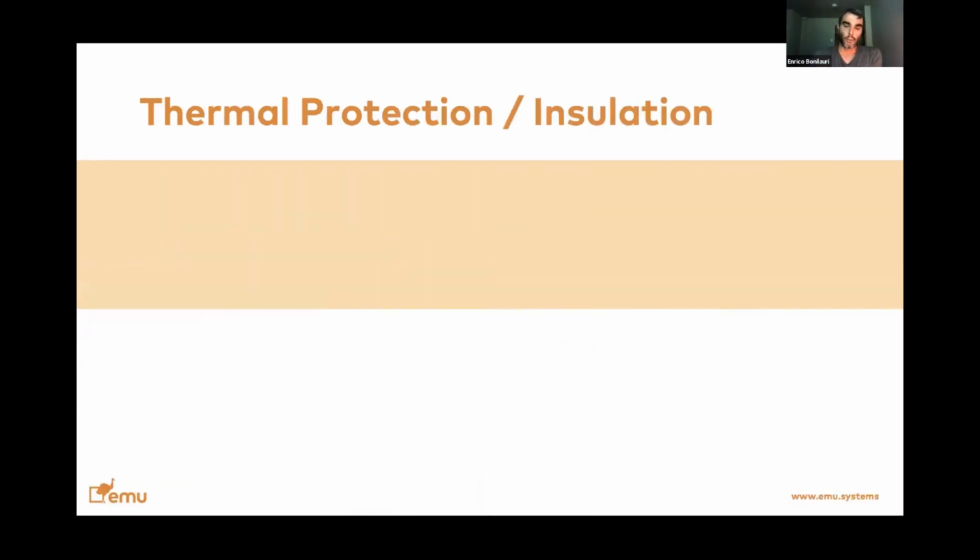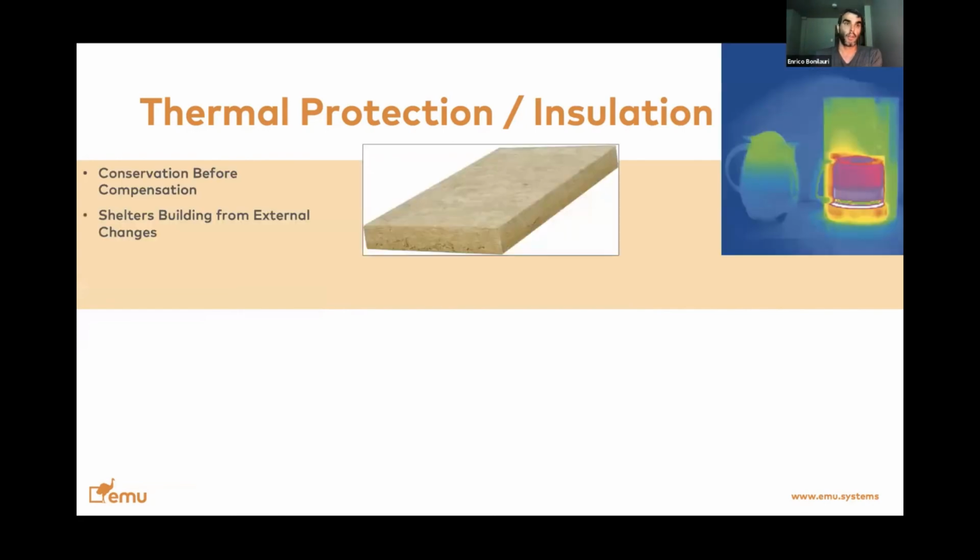Going closer to the building envelope, we start seeing thermal insulation providing thermal protection to the building. The underlying concept is that you want to conserve energy before you compensate via renewables.